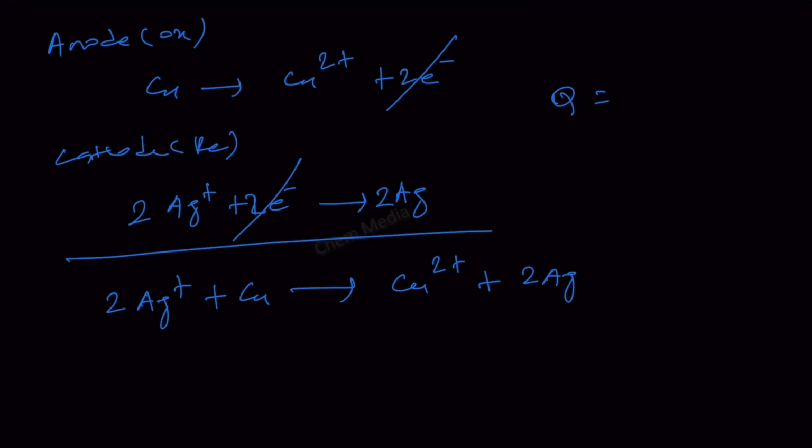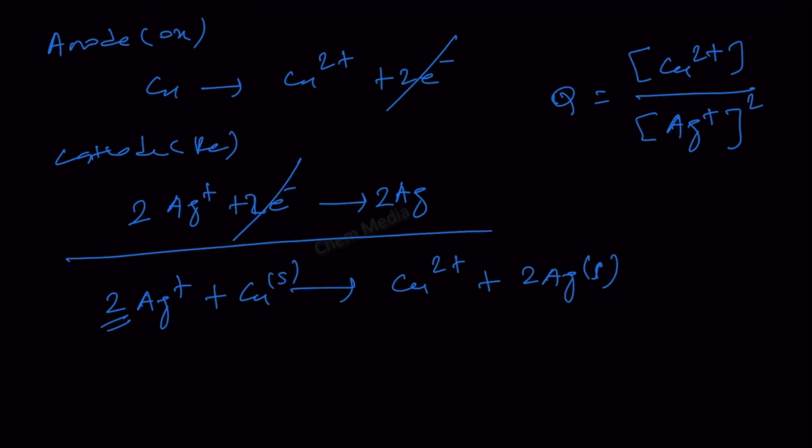Therefore, the quotient here is product, Cu2 plus concentration, divided by reactant, Ag plus square, because we have the stoichiometric coefficient 2 here. We do not write the solids in the reaction quotient equation.